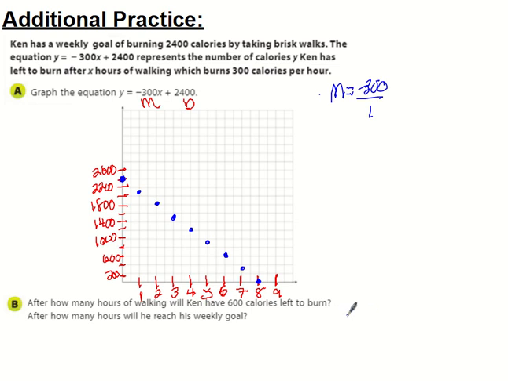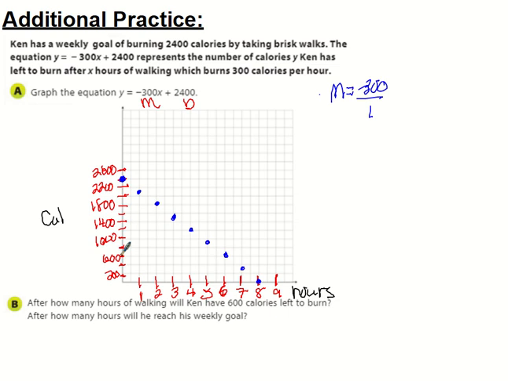So then it says, how many hours of walking will Ken have 600 calories left to burn? After how many hours will he reach his weekly goal? So we look at our graph and find where the calories, so remember this was our calories and this was our hours.